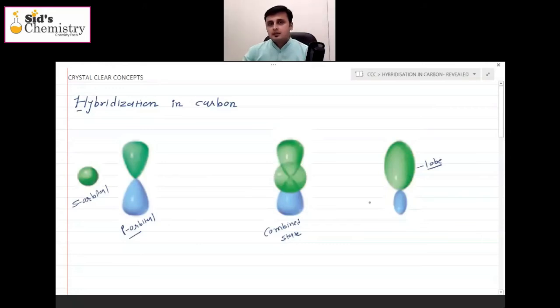Similarly, some portion of the s orbital will be subtracted from the p orbital, that is the blue portion, and you can see that it becomes a smaller lobe. So when s orbital combines with the p orbital, a new hybridized orbital develops, with a bigger lobe and a smaller lobe. This is the shape of the hybridized orbital in carbon hybridization.